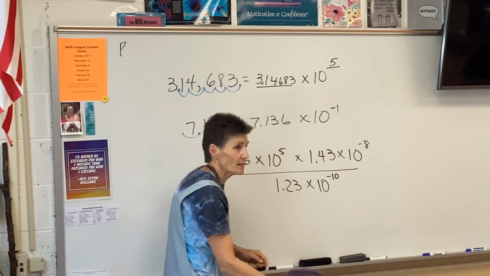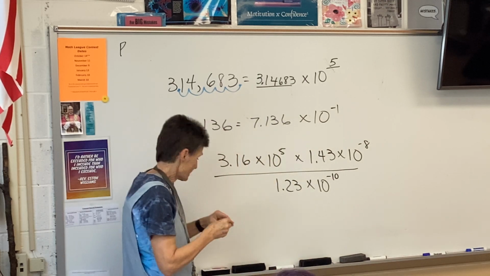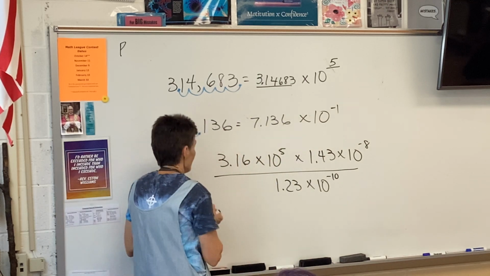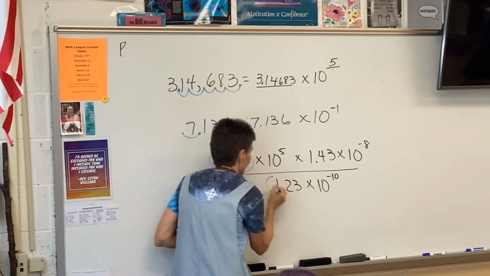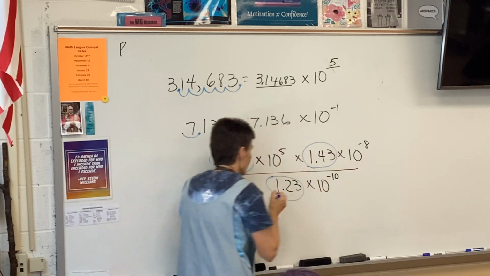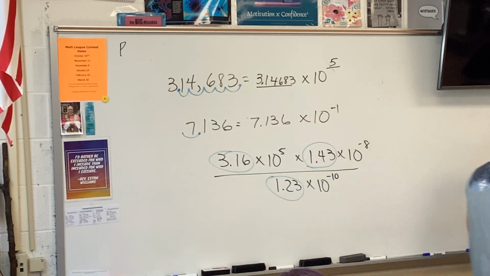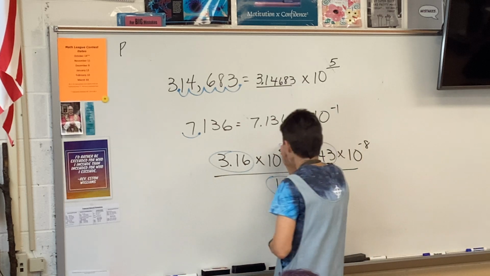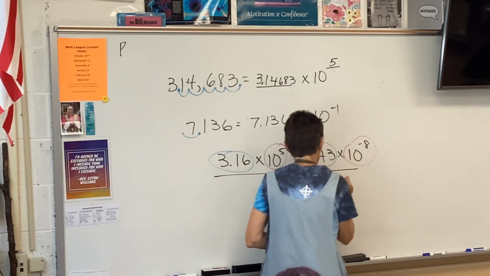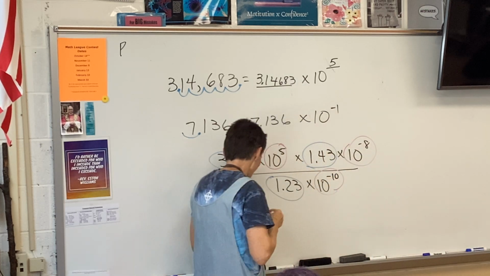Because scientific notation is really 2 parts. Scientific notation is this number part, and then all of the tens. So we're gonna do the blue part, and then we'll do the pink part.